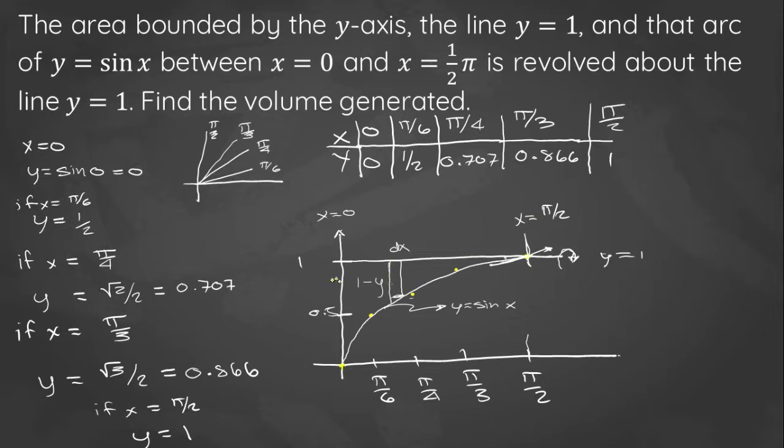Notice that the length here and this length are equal to 1, and this is our unknown value, which we denote as y. If we subtract this, 1 minus y, then we have the length right here. So our variable length here is equal to 1 minus y.